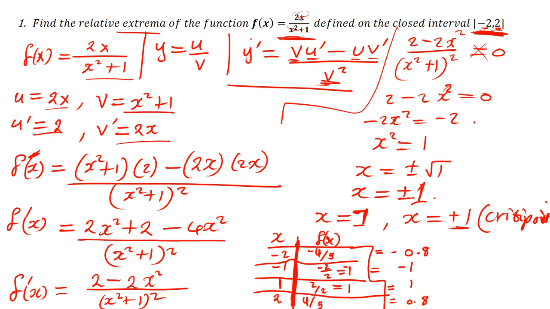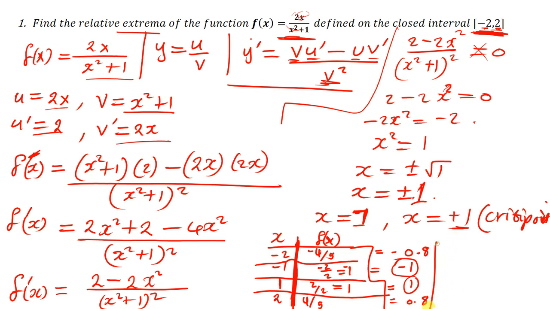So here it is just a matter of getting the highest and the lowest value. As we can see, the lowest value is negative 1, and the highest value here is 1.